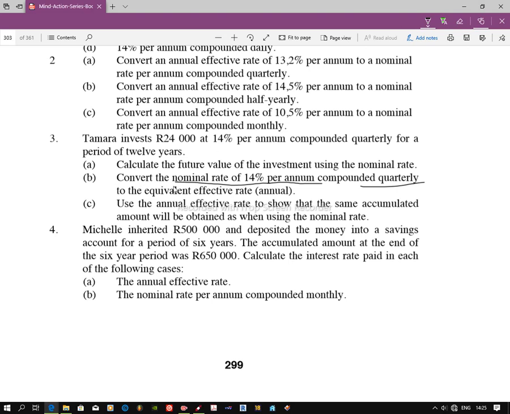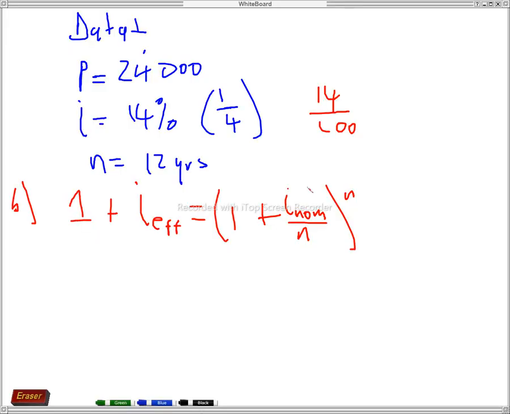So let me convert the nominal rate of 14% per annum. Let me substitute my data there. I'm having 14% as the nominal rate, so it's going to be 0.14.